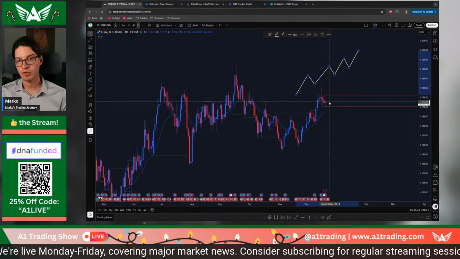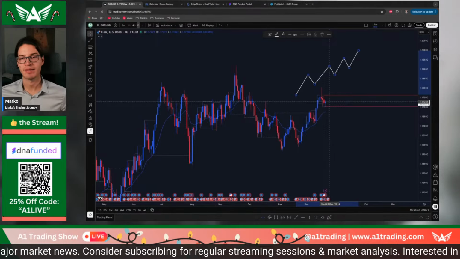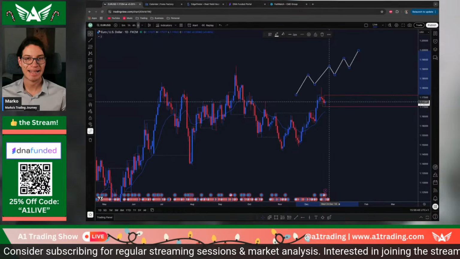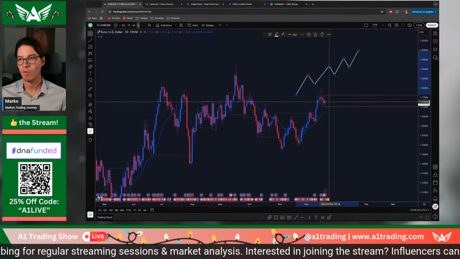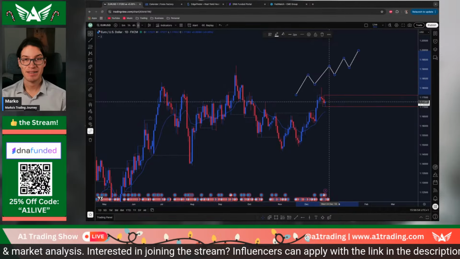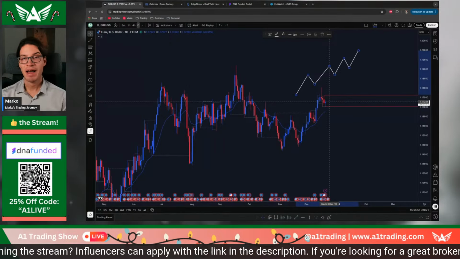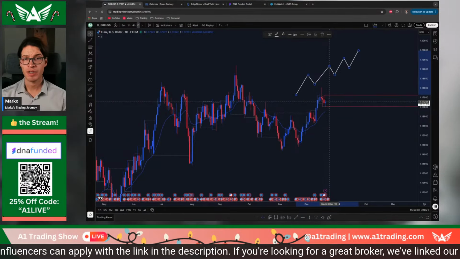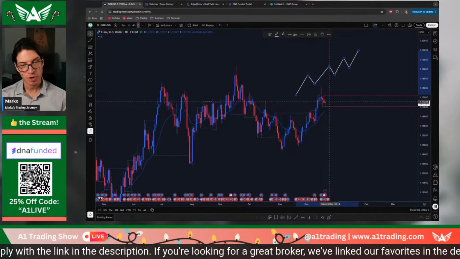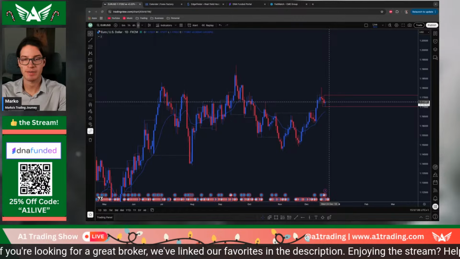So the price should, in theory, catch up to the differential, but that sort of lead-lag indicator has not been working so well in 2025. 2025 has been tough. Seasonality hasn't been working so well. Lead-lag indicators haven't been working so well. Interest rate differentials not working that well. So it's a tough year for the currency market.